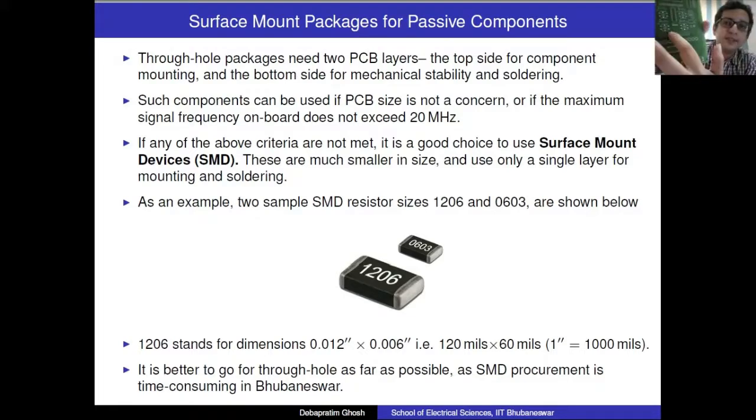So for example, over here you can see a lot of outlines and holes made for resistors. What I am now holding is an example of a through-hole resistor. As you can see, this is something you have used very commonly in your circuit labs. So now let us see how to mount this resistor on the PCB.